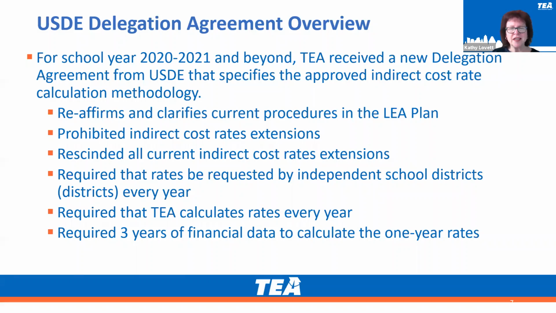It also required that TEA calculates rates every year. And it required 3 years of financial data to calculate the 1-year rates. So for the 3 years of financial data that are used to calculate the 2021-2022 school year, or fiscal year 2022, we'll be using financial data from 2017-18, 2018-19, and 2019-20.